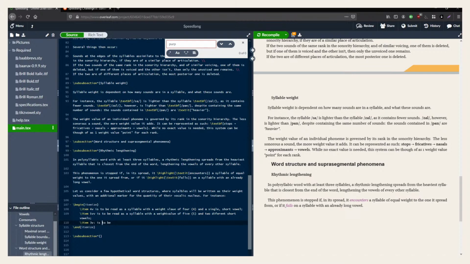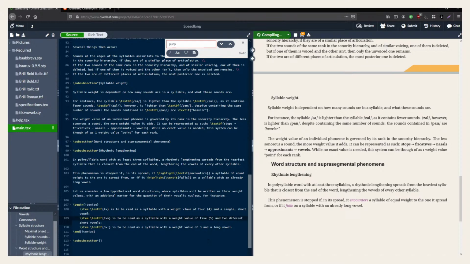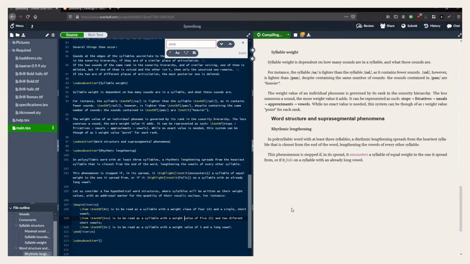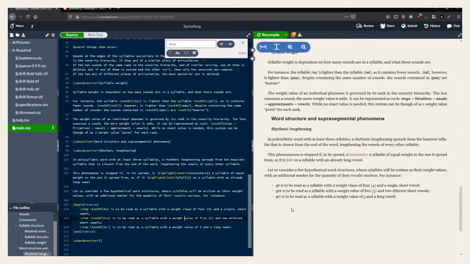Three V and length marker to be read as a syllable with a weight value of 3, a long vowel. There, I think that's pretty clear. Is it? I'm asking you. And while I'm asking you, I'm going to make myself some more tea.